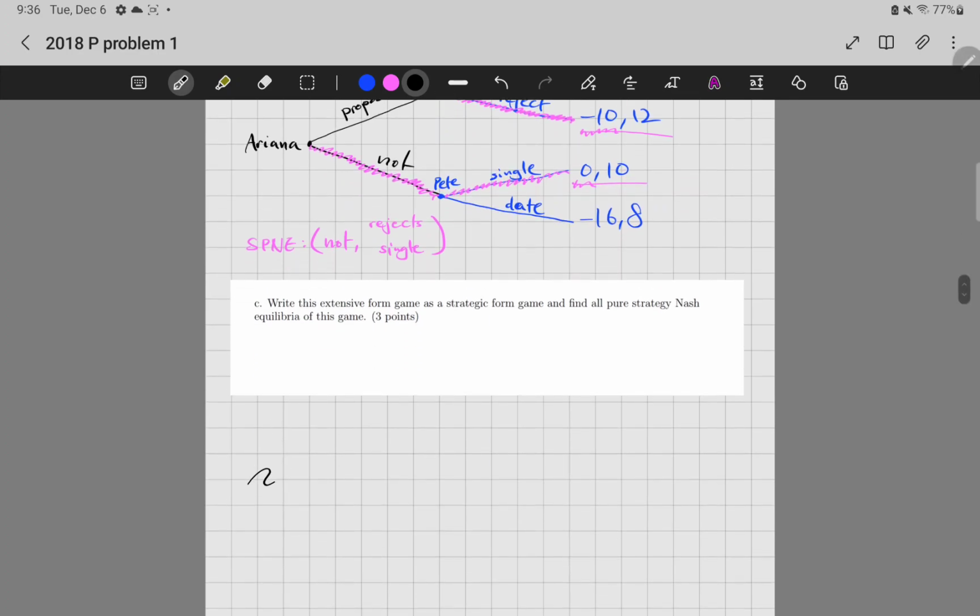So, firstly, let's make the strategic form game. So it's Ariana as person 1, because in this extensive form game, Ariana is player 1 and she starts first, and Pete is player 2.